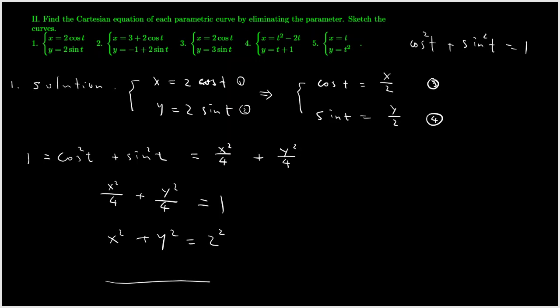Again, to tell me the circle, you have to tell me two things: the center and the radius. I'm going to write it down. So this is a circle centered at the origin, right? With a radius of 2.